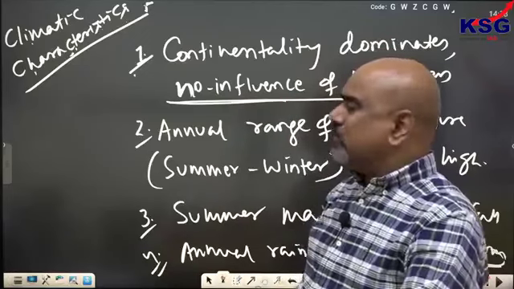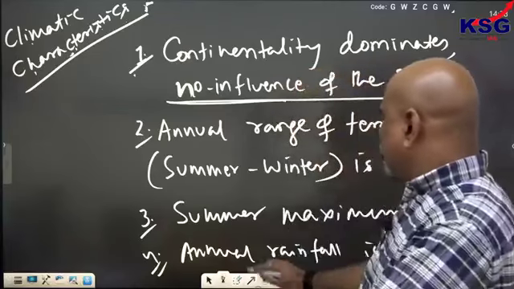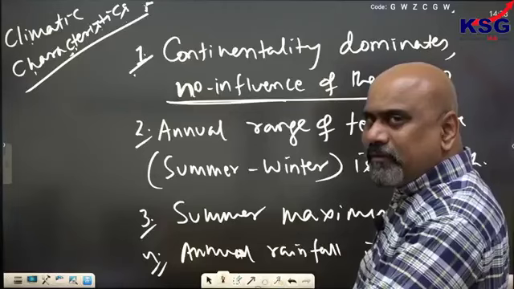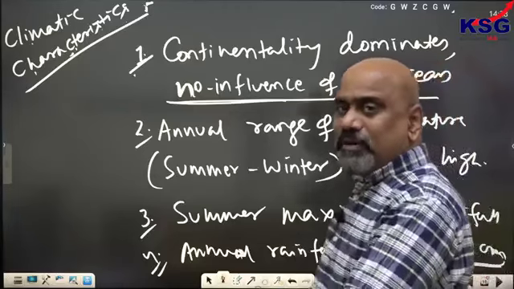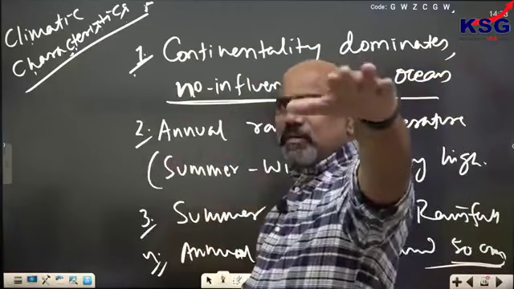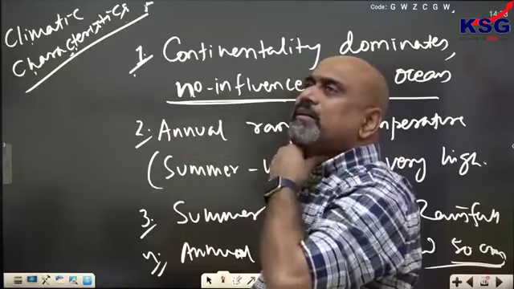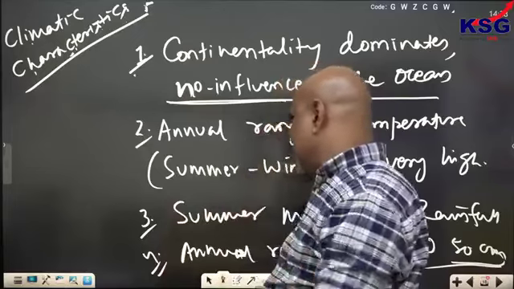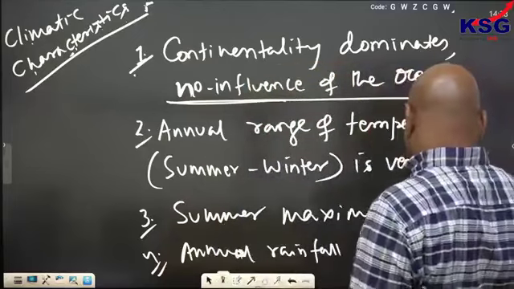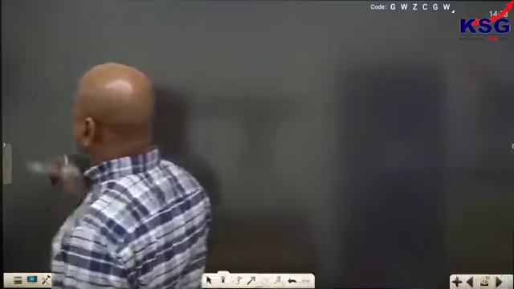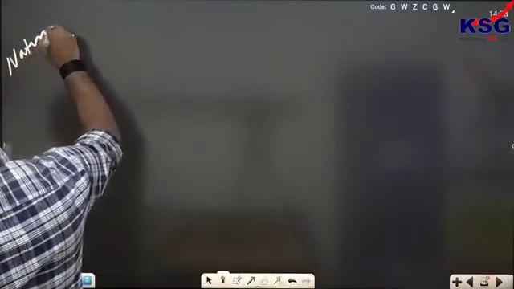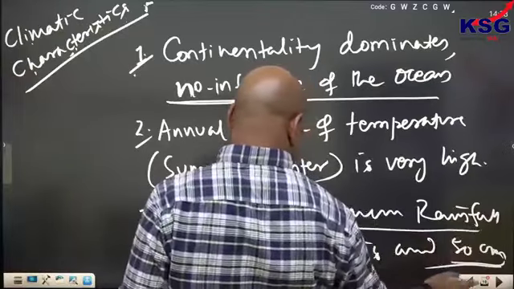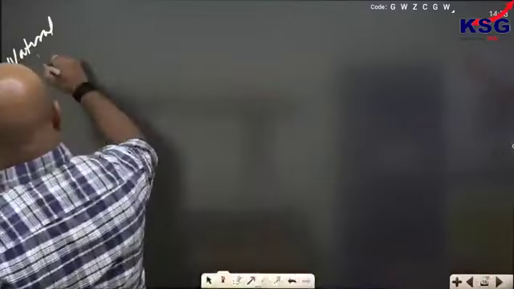As in our material, there is a bit of maritime influence in South America's Pampas because it has a vast plain area. But continentality is there, minimal influence, a little rain. Up to 50 cm rainfall, so how will the natural vegetation be? Summer maximum rainfall, the rain will occur in summer.